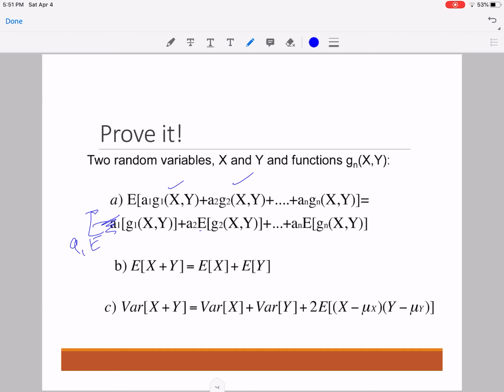That's simple because the double integration can be distributed to these individual items. Then similarly, the expected value of x plus y is equal to the expected value of x plus the expected value of y. The variance of x plus y is equal to the variance of x plus the variance of y plus 2 times this covariance term here. What I would like you to do is try to prove mathematically that this statement holds true. That's for your practice.